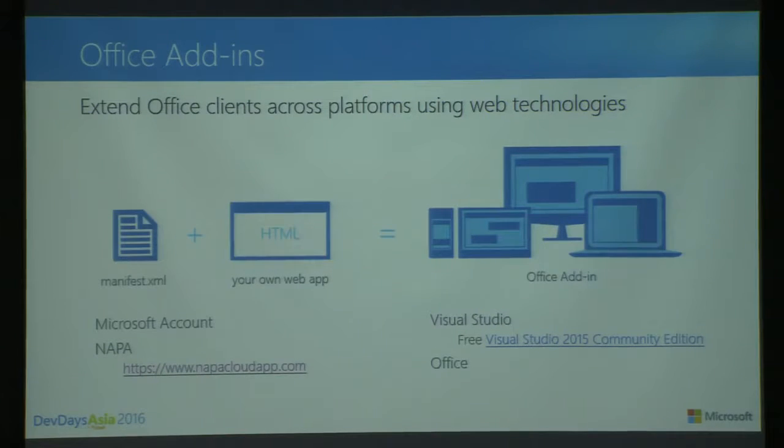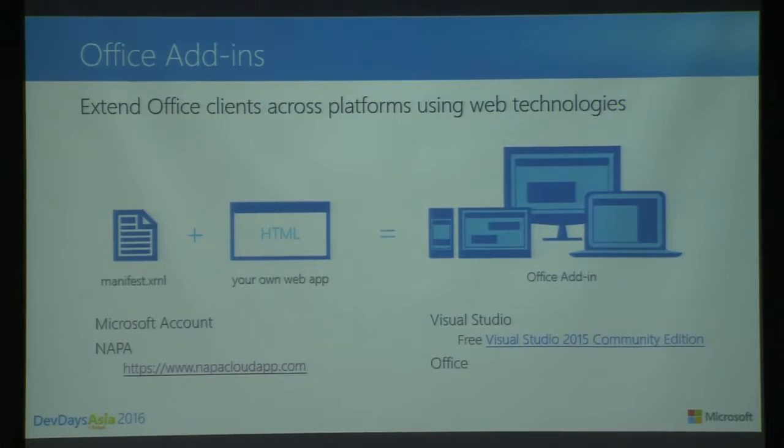How many of you have a Microsoft account? Most people do. That's cool. If you don't, go to any of our product sites like live.com or outlook.com and you can find a way to register one. It takes about 1 minute. You can use your current email address, and that's done.